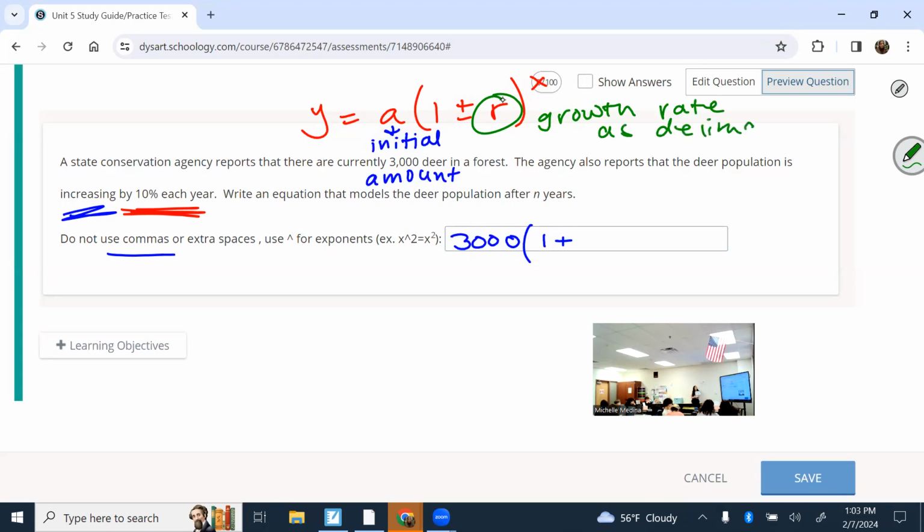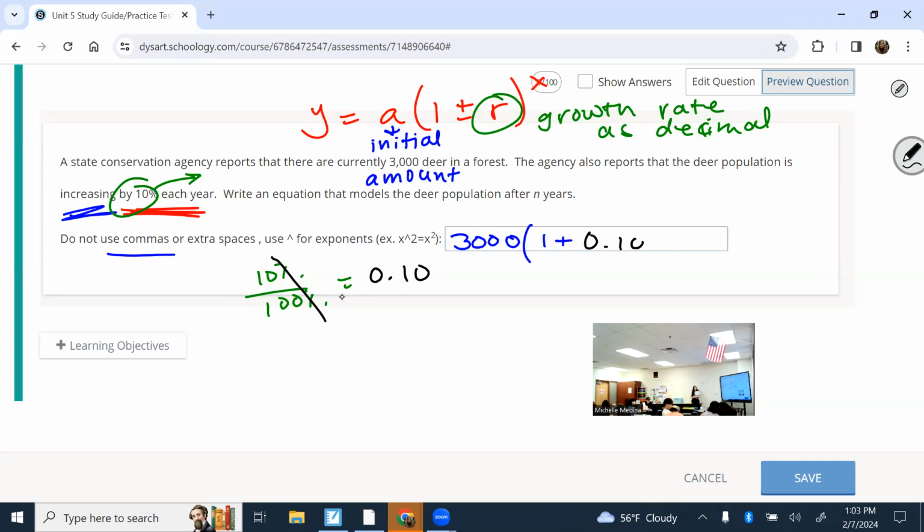So in that case, if my growth rate is 10%, what's my equivalent decimal? You divide it by 100%. That'll cancel out the percent sign, and it'll give you the right decimal. Right, 0.1 or 0.10, same difference.